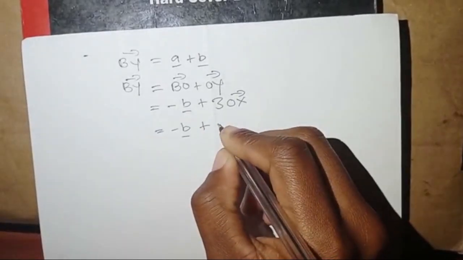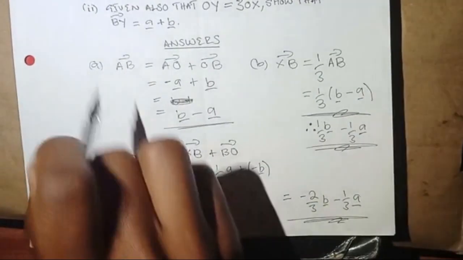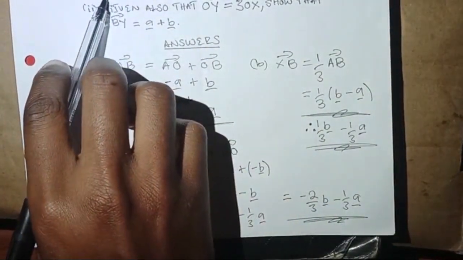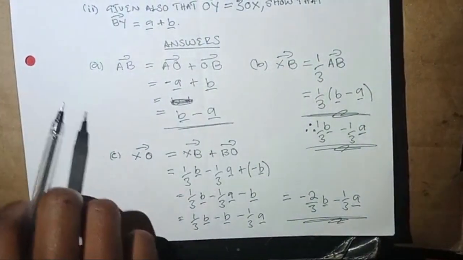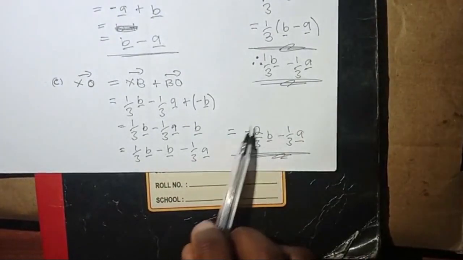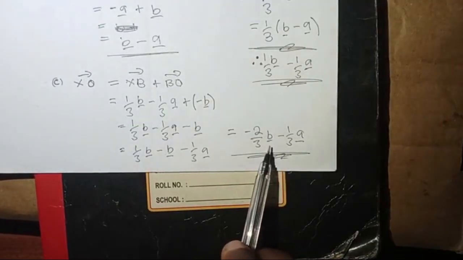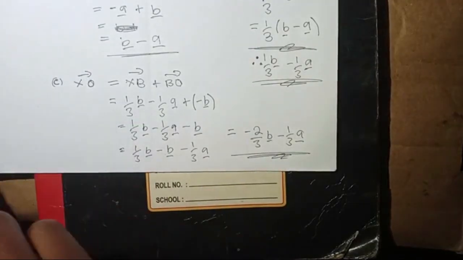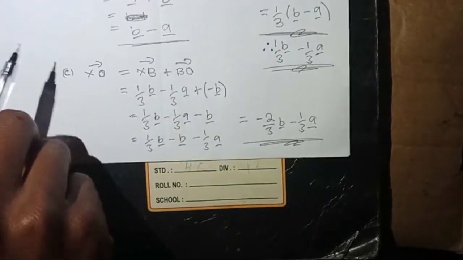So we need to find what is OX. What is vector OX? We need to use the vector. As you can see, we already know the opposite of vector OX, which is XO. Where is XO? XO is this vector right here that we have. So this is XO. We add a minus because we are moving in the opposite direction.